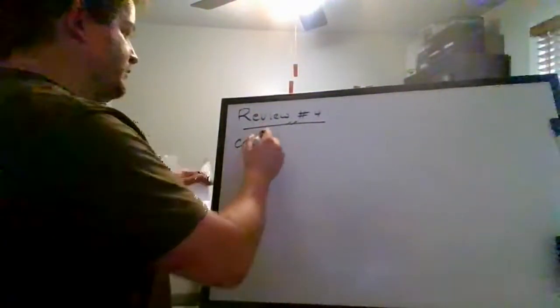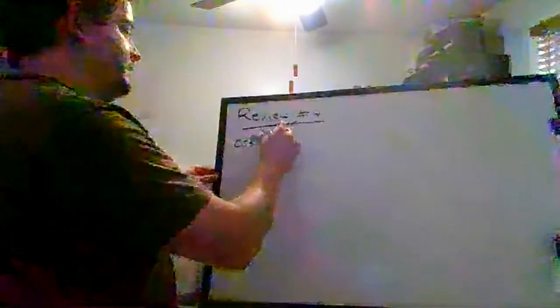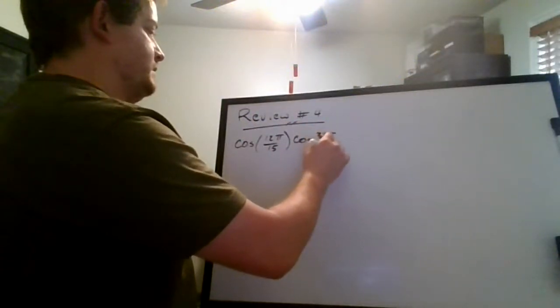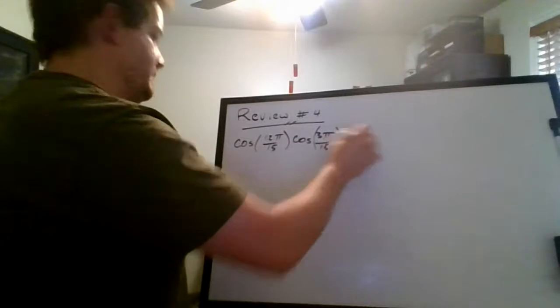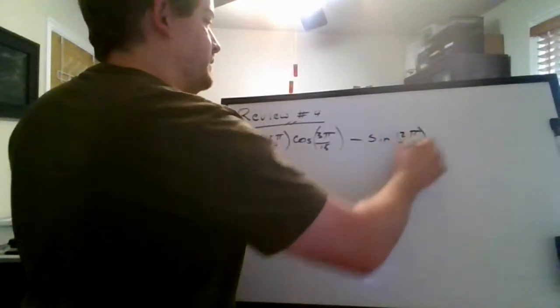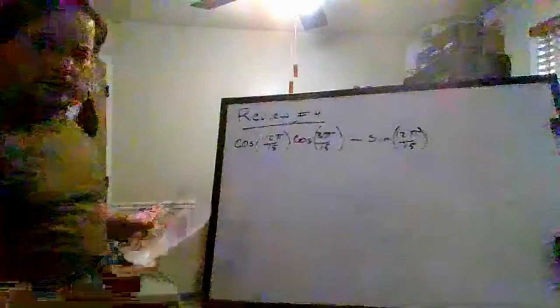Cosine of 12 pi over 15 times the cosine of 3 pi over 15 minus the sine of 12 pi over 15 times the sine of 3 pi over 15.